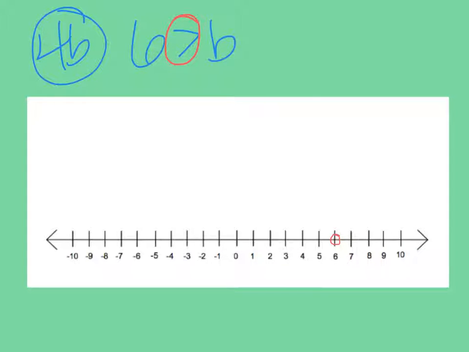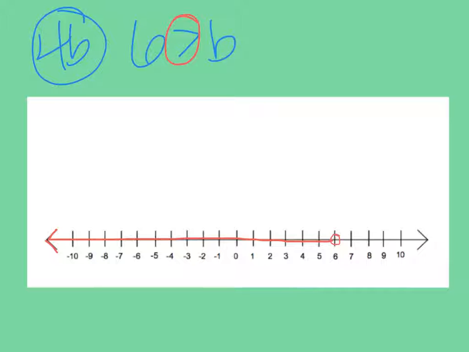So our graph this time is actually going to look very similar, and my arrow will be drawn all the way down as far as I can go, and I'll draw that arrow to show that it can continue with any of those numbers that are less than 6. Any of those numbers that I picked and put in my inequality would work.